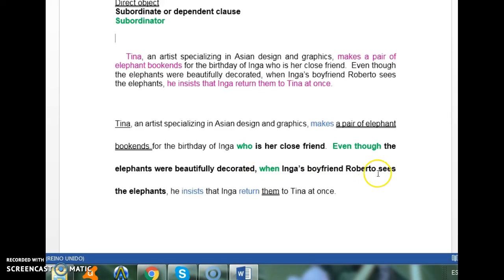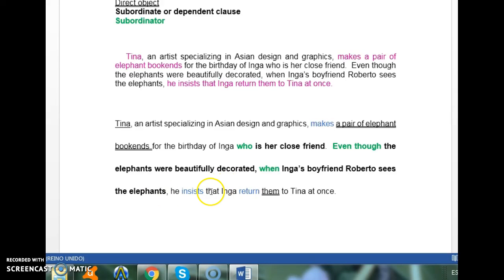And then you have he insists that Inga return them to Tina at once. Here insists is the verb in this sentence, and the clause that Inga return them to Tina at once is a noun clause that is functioning as a direct object.